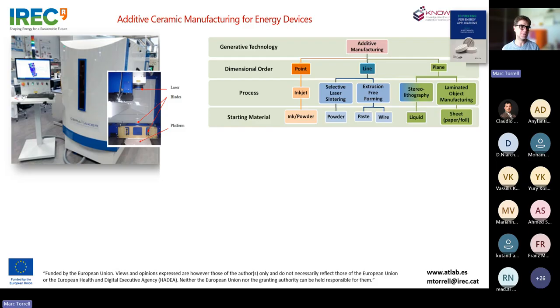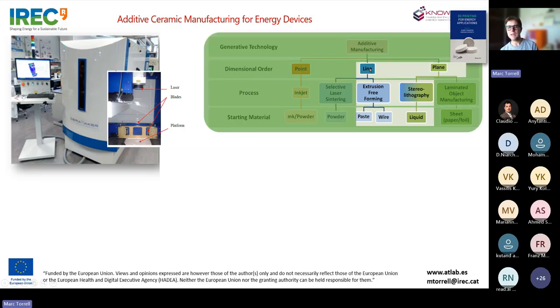In our group here in Barcelona, at the Institute of Energy Research of Catalonia, in 2016 we acquired the first additive ceramic manufacturing machine, an industrial machine able to print functional ceramics. We have been exploring different additive manufacturing technologies for the processing of ceramics, but basically we have been working on extrusion freeforming, or what is called direct ink writing, and also on stereolithography.